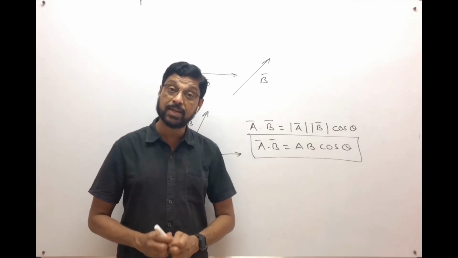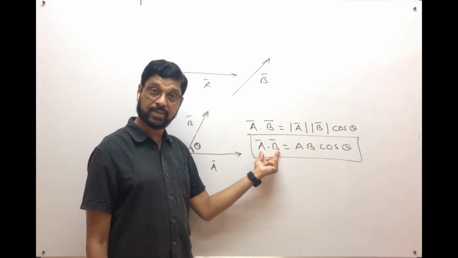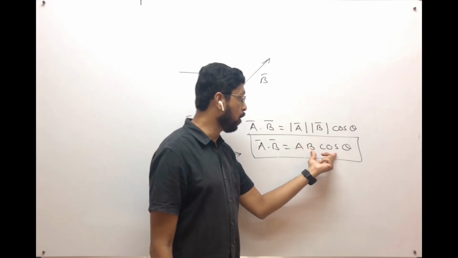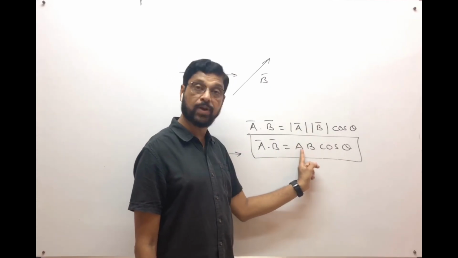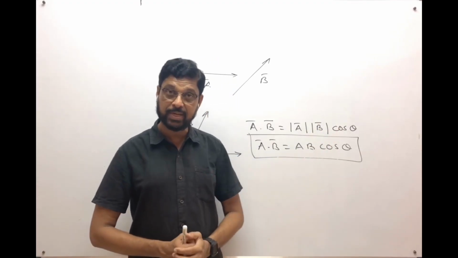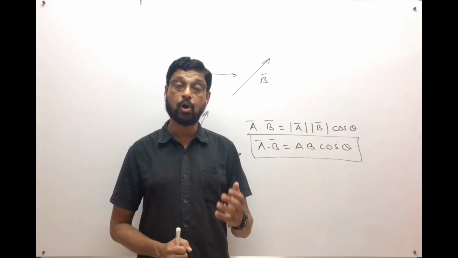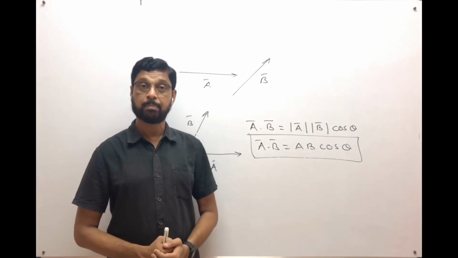That is the definition of dot product. The dot product of two vectors is defined as the product of magnitudes of the two vectors and cosine of the angle between them. A dot B is equal to A B cos theta. That is the definition of dot product.